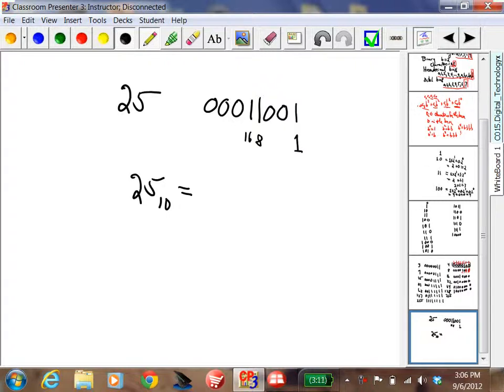They always store 8 of them. But we'll say 11001 to the base 2. Remember that 25 in the decimal number system is the same number as 11001 in binary.